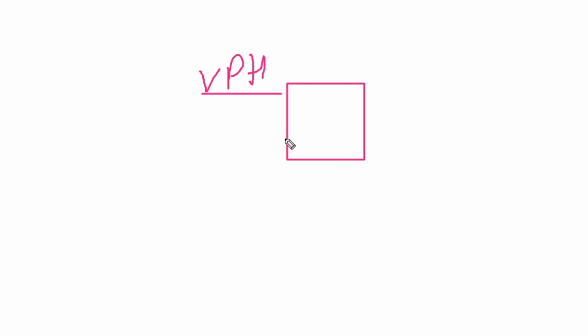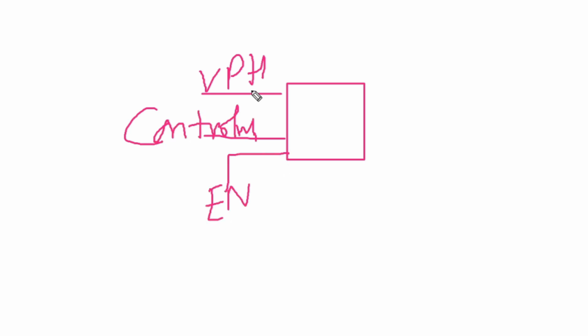The other requirement is a controlling section, also the enable. This IC needs VPH voltage to run, and a basic voltage requirement for controlling when this IC works or does not work. That is handled by a processor, your CPU, the master IC.